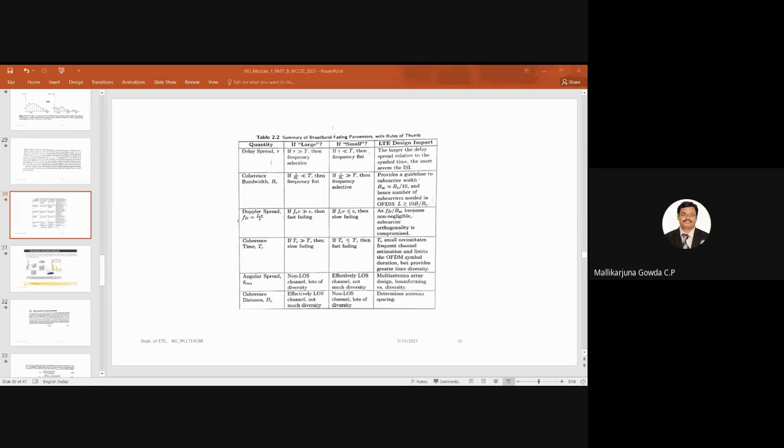So when we say frequency selective fading and when frequency flat fading is described by the value of delay spread with respect to the symbol duration or bit duration. Hope it is clear.